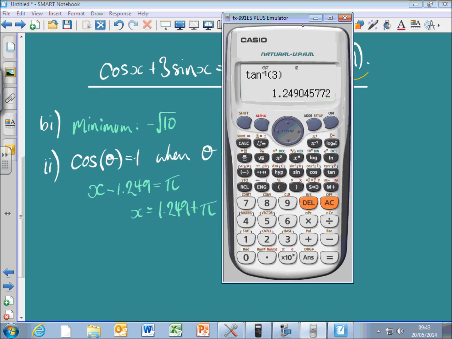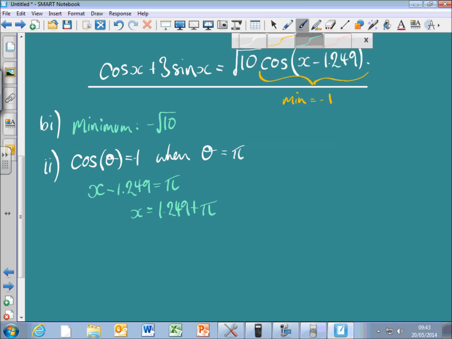That was my answer from before, so I'm going to just add pi on. And it's 4.391. Okay, so when x is 4.391, I take off 1.249 and I get pi, and cos of pi is -1, so that's when it's minimum.